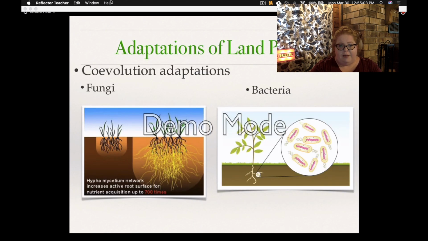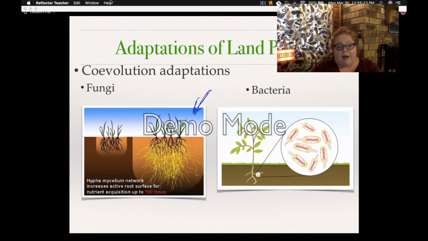Other adaptations of land plants. These are a more broad category that's not going through the succession of the different types of classifications like we were earlier. But there are adaptations that have to do with coevolution. There are fungi that have co-evolved with plants.